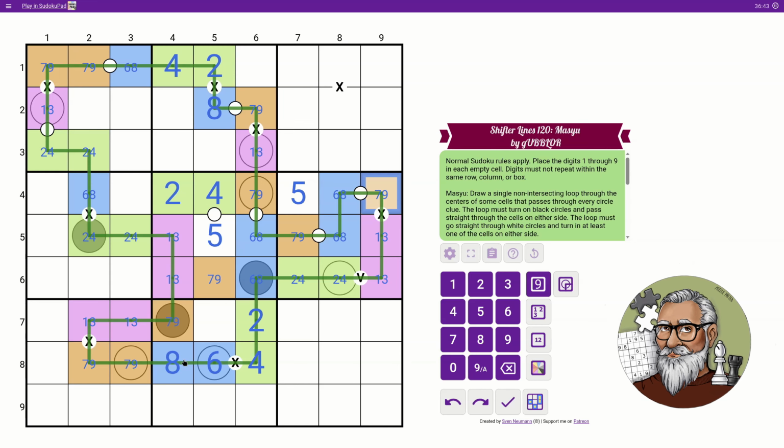Do I just pencil mark? That's not exactly great, is it? What am I still missing here? I'm missing the 1, 3, right? Let's continue with the colors for now.